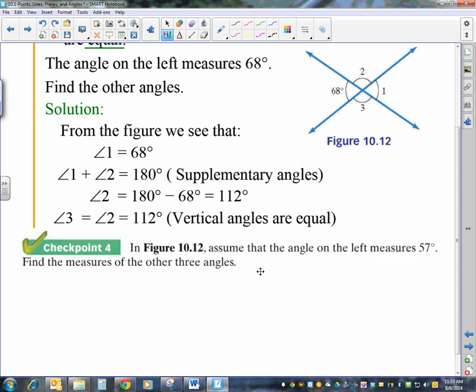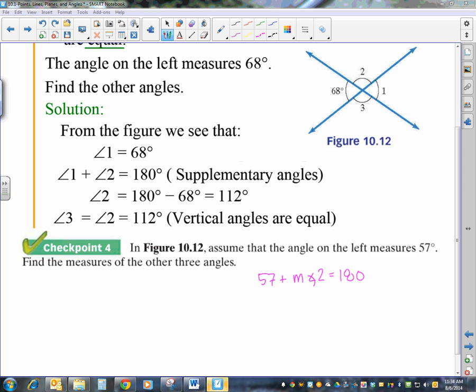So I'm going to first say that 57 plus the measure of angle 2 equals 180.